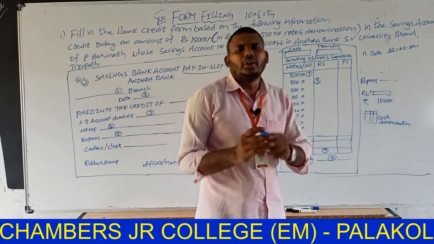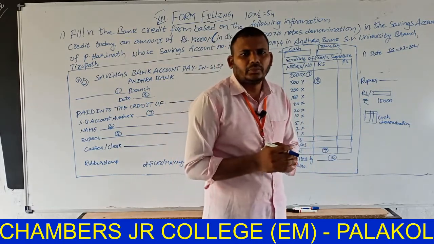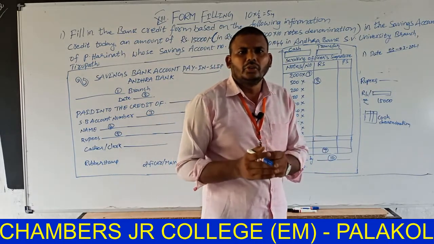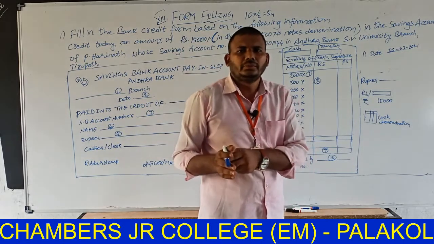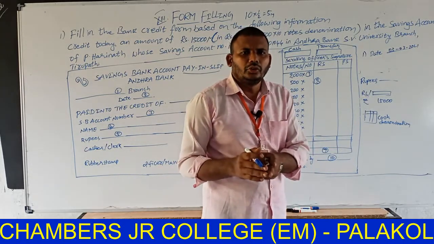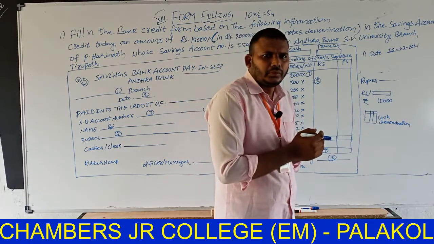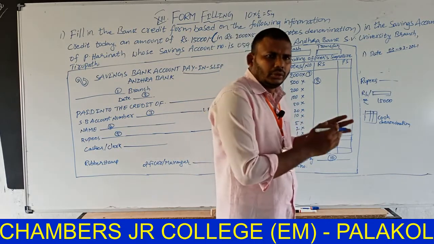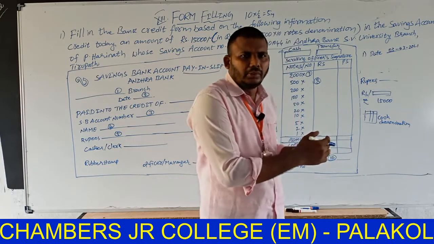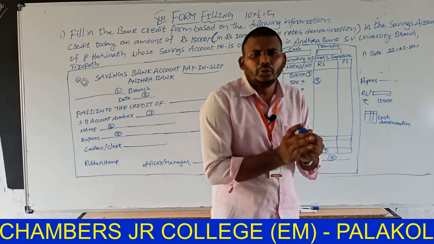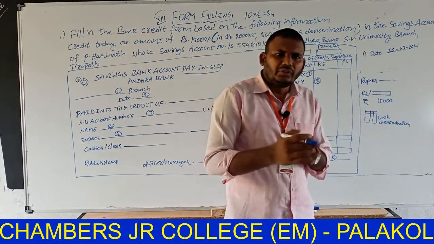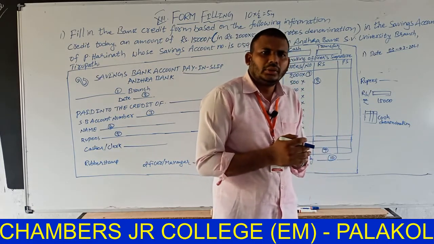If you bring 15,000 rupees to the bank with currency notes of 2,000 or 500, you just adjust it. Take the example of 15,000 rupees. How will you take the 15,000 rupees to the bank?